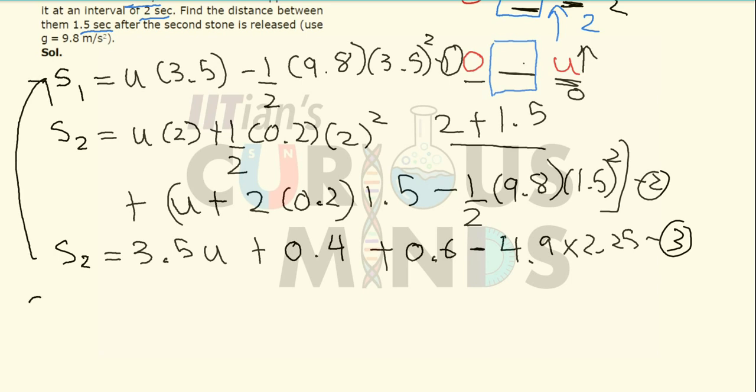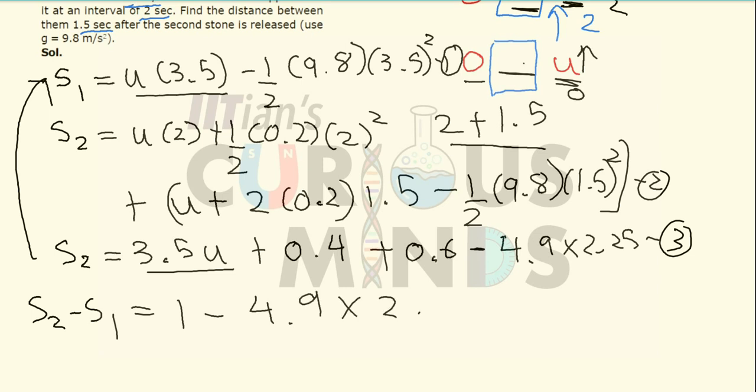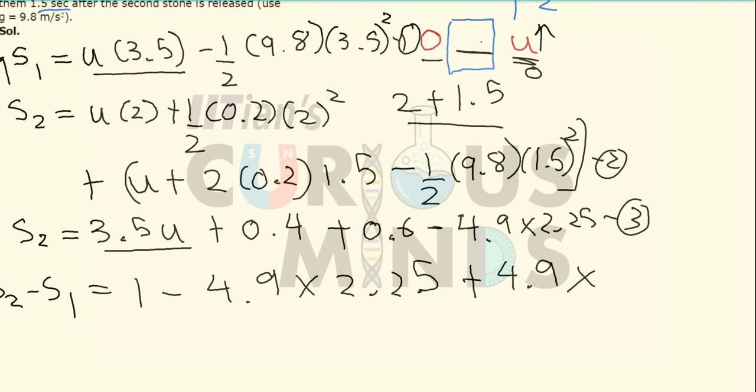S2 minus S1 will be equal to 3.5u, which will get cancelled out, plus 0.4 plus 0.6, which is equal to 1, minus 4.9 into 2.25, and minus this will be equal to plus 4.9 into 3.5 square, which is 12.25.